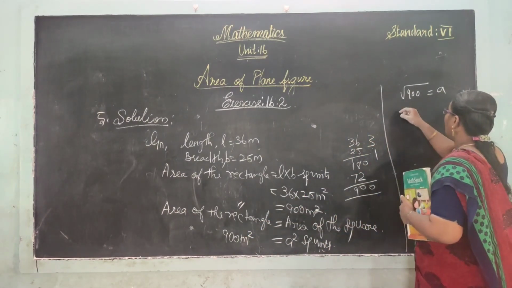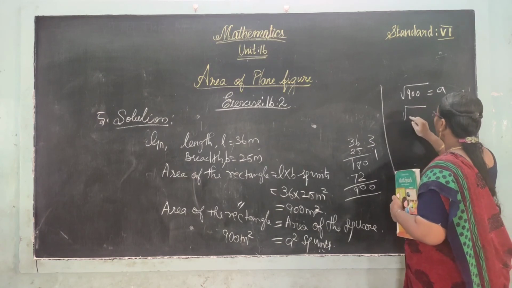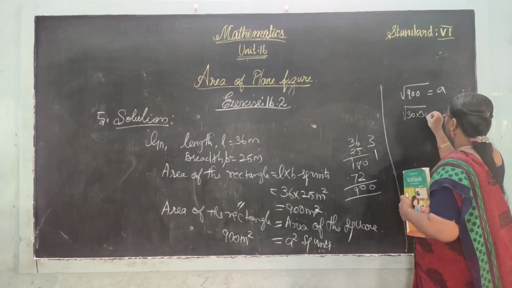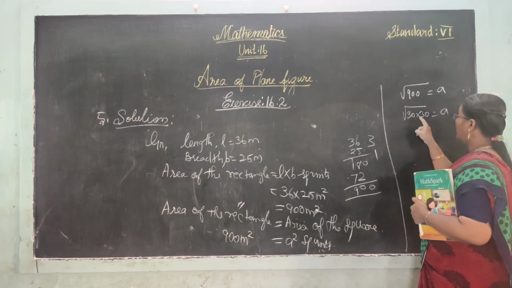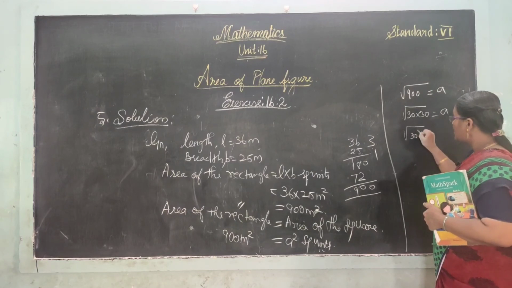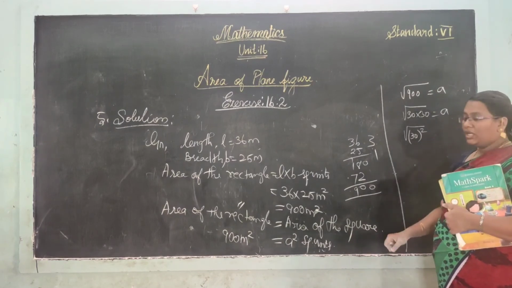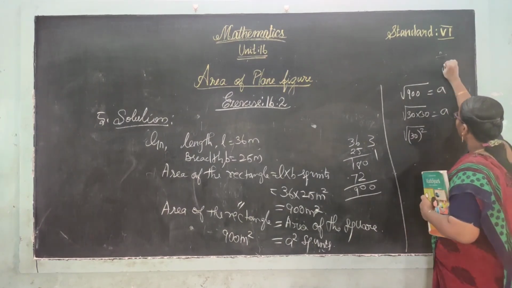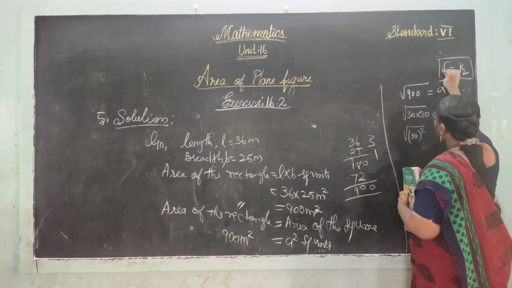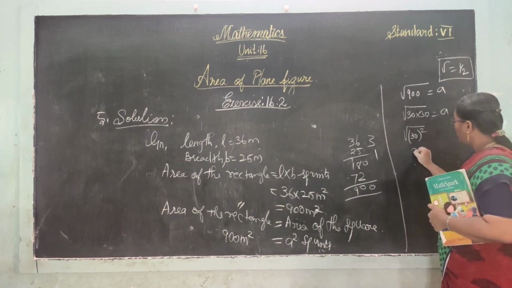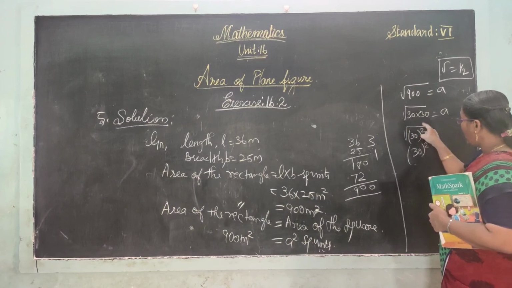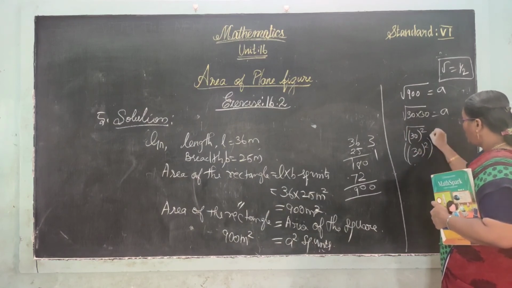So square root means 900 can be written in the form of 30 into 30. Okay, so it can be written as 30 square. The square root means the power of 1 by 2.